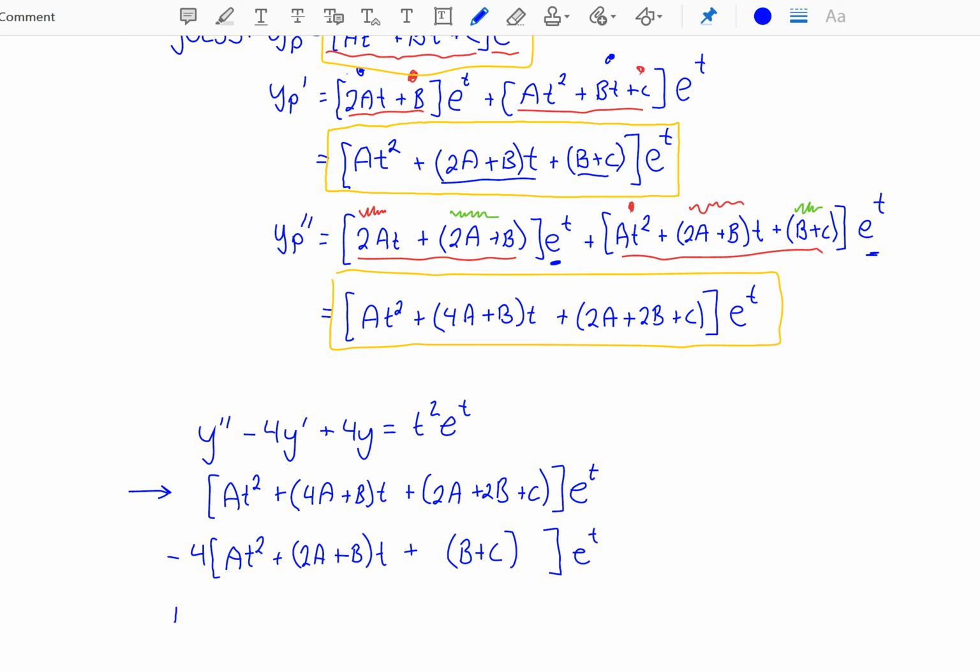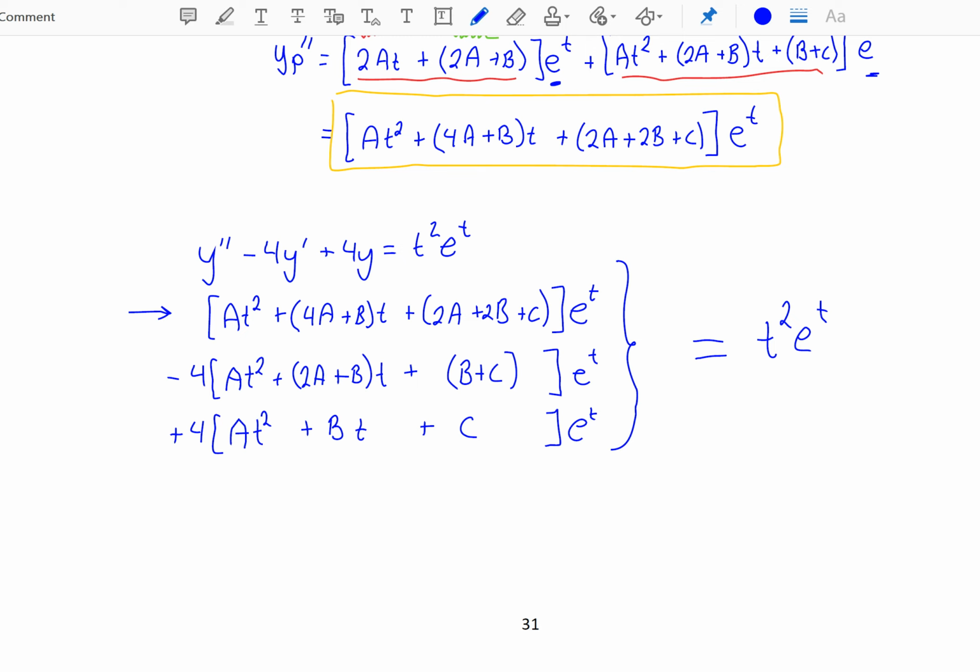And then it was going to be plus 4 times our original function, our original guess, which was at squared plus bt plus c times e to the t. And then all of these, once we combine like terms together, somehow has to equal t squared e to the t.